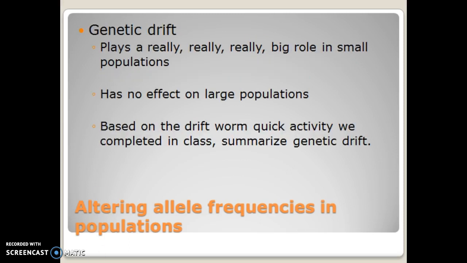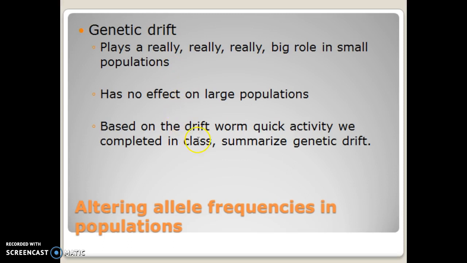The second is genetic drift, which we're going to be doing a drift worm activity on. It's a quick activity so you can actually see how genetic drift occurs, and you'll see why genetic drift has absolutely zero effect on large populations, and why it can have a really big role in small populations.